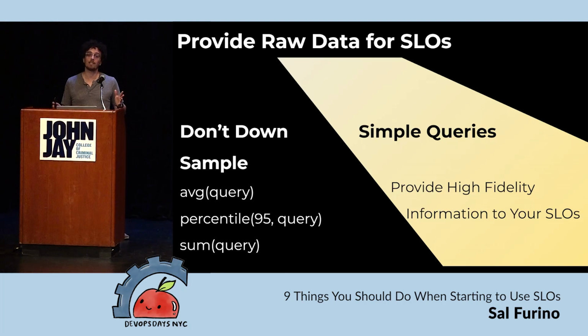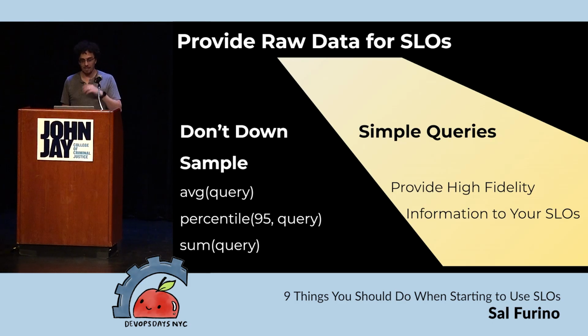Some folks, I think with good intentions, want to either average a query or do a percentile, maybe P95 of it, or a sum of it. It's in the right spirit of creating an SLO and creating the correct objective. However, it's actually hampering additional insights you might have about that service. And it gets even more complicated when you have data sources that downsample the metric value as well.